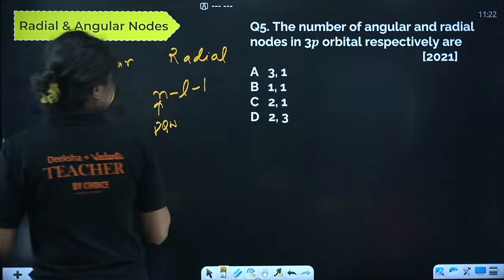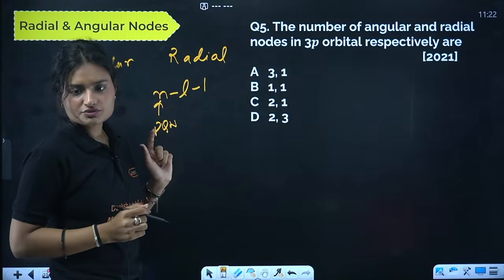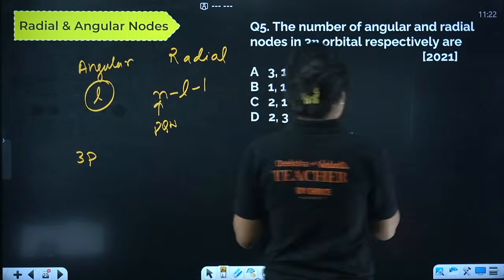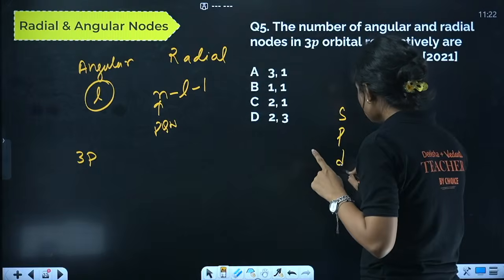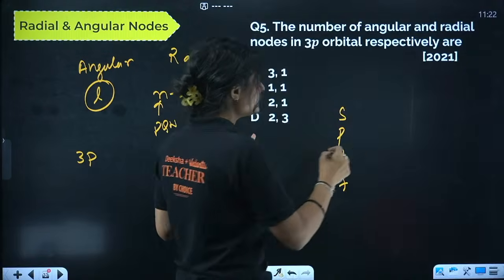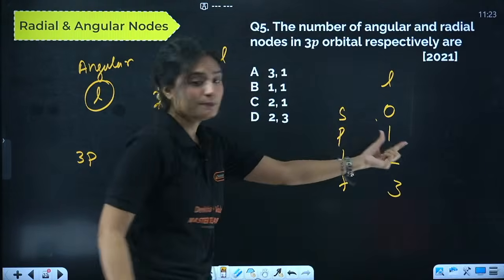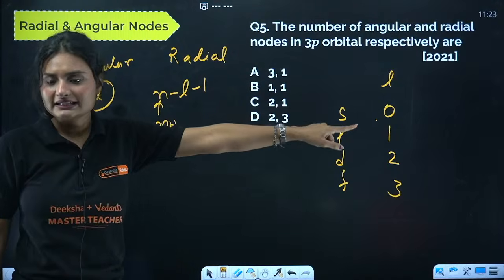So we are calculating for 3p. Let's calculate the angular nodes first. You have read this, right? S, P, D, F have the value of angular momentum quantum number as 0, 1, 2, 3. For P, the value of L is 1.